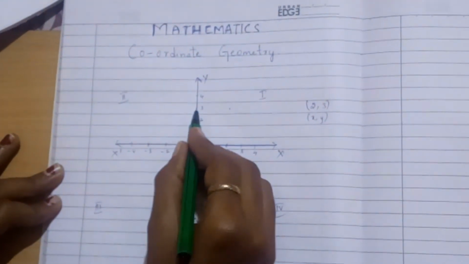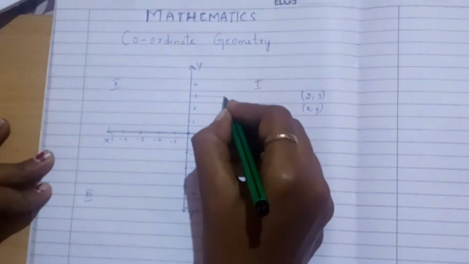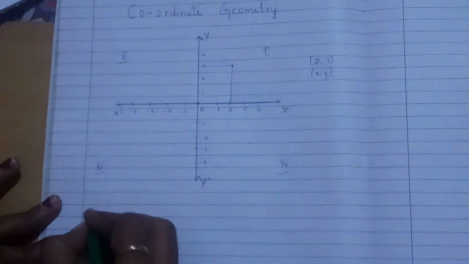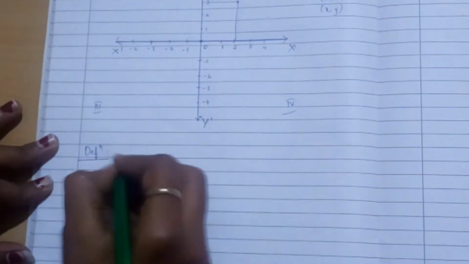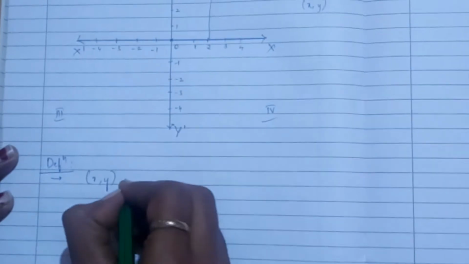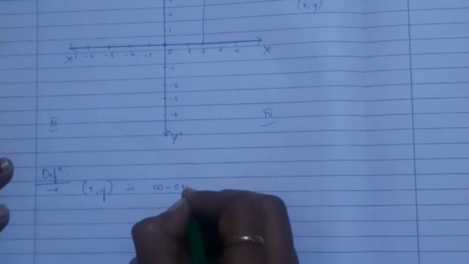On the x-axis I select 2, and on the y-axis it is 3. This is the point. Definition. (x, y) is a coordinate point.